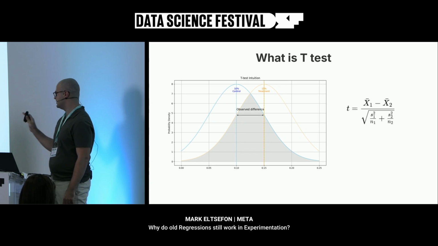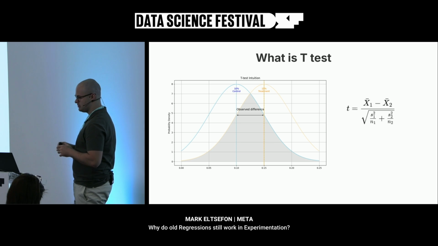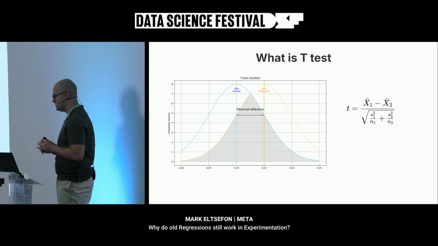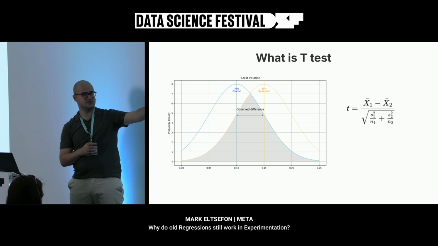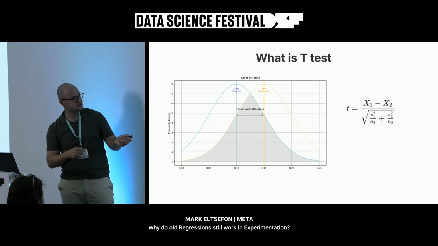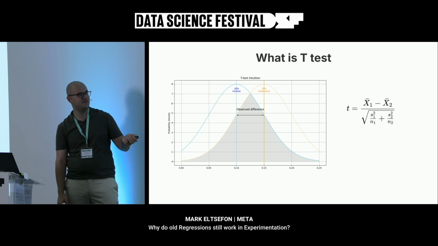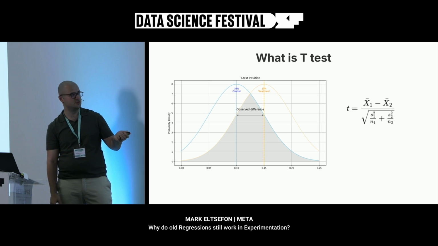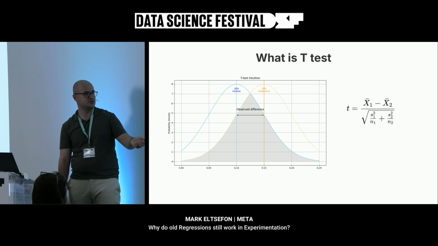I'm not going to dive into technical things about the t-distribution. I will just explain how it works in reality. For the t-test, we want to calculate the t-statistic. We measure this observed difference, in our case 5%, and we divide it by the random variation in both groups, also accounting for sample size.